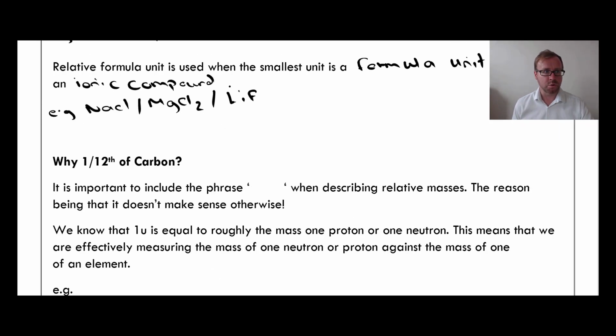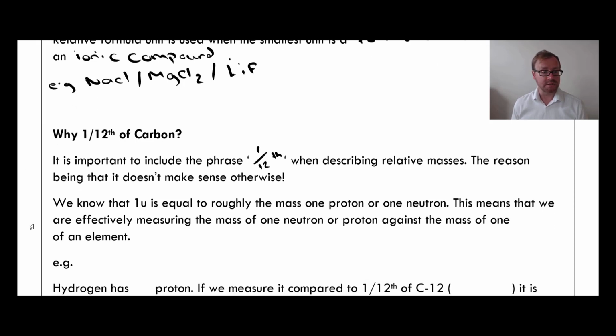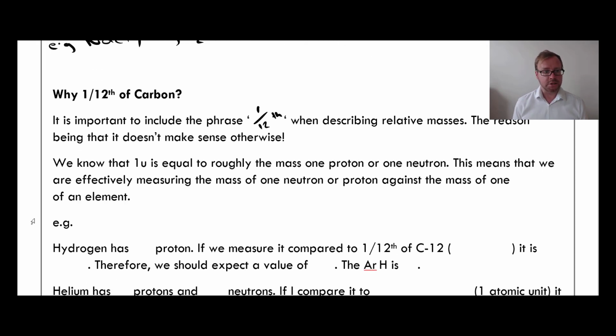Why this 1/12 of carbon? It is important to include the phrase 1/12 when describing relative masses, because it doesn't make sense otherwise. We know that 1 atomic mass unit is roughly the mass of 1 proton or 1 neutron.